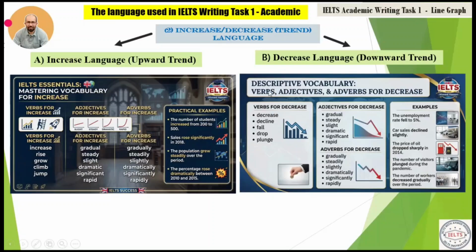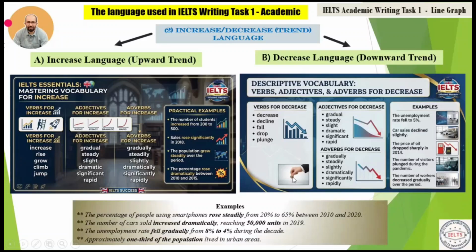All of them are synonyms. The same adjectives: gradual, steady, slight, dramatic, rapid, and the same adverbs also. So the difference between increase or decrease is verbs only. Here we use verbs that show numbers go up, and here numbers go down.